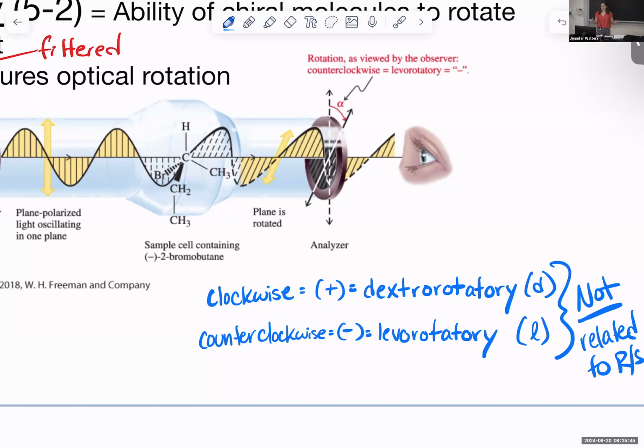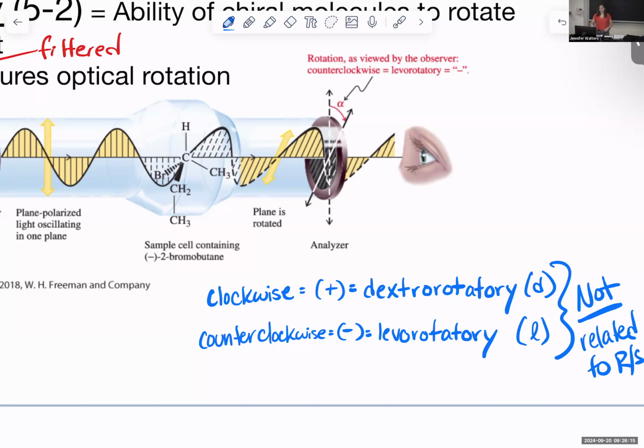So it could happen that the R is D, but R could also be L. D and L are actually based on the whole molecule, how all of the chiral centers together react. So it doesn't matter if you have 40 chiral centers, so it's like R, S, S, S, R, S, S, whatever, you will only get D or L because that describes the whole molecule, right? So it's just how does the whole molecule then interact with light.